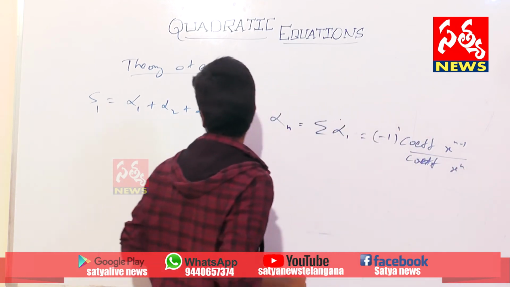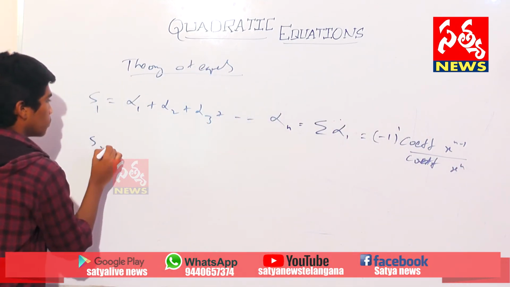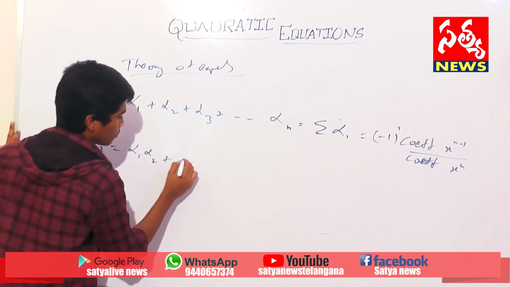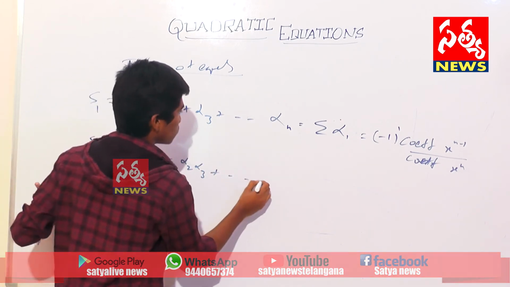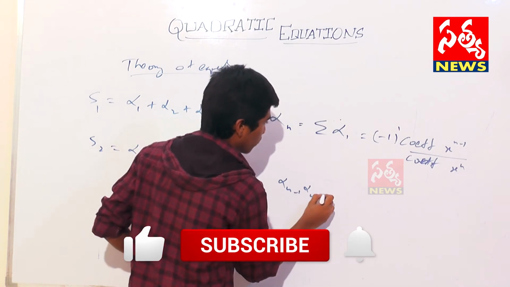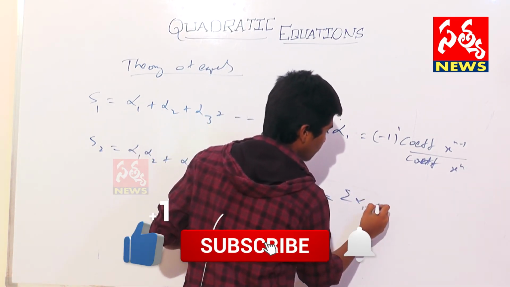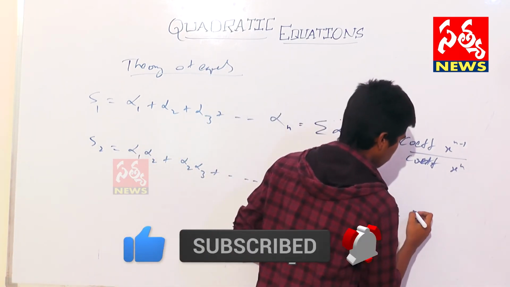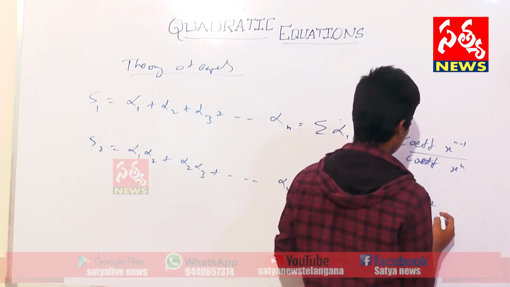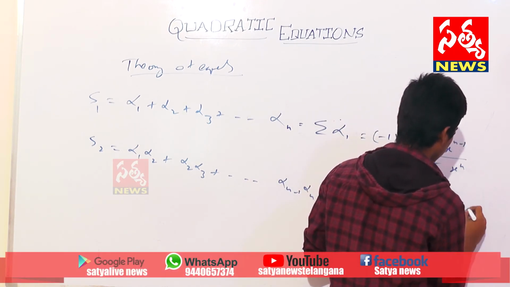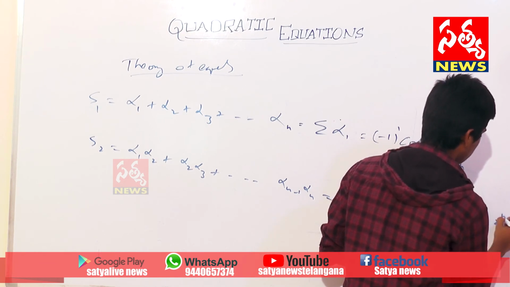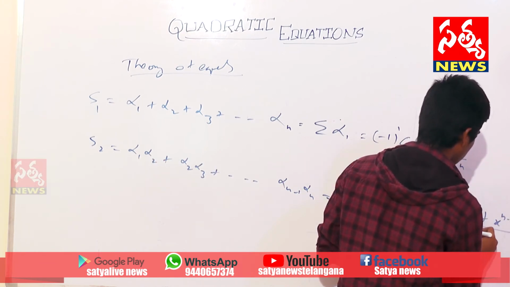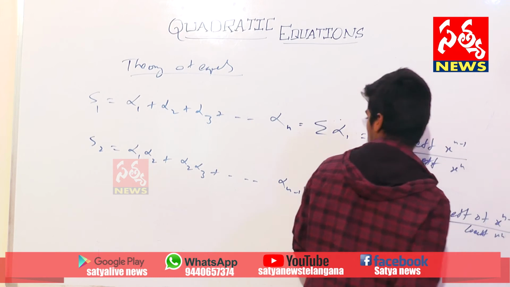And the next is S2, which is equal to alpha 1 alpha 2 plus alpha 2 alpha 3 plus so on, alpha n minus 1 into alpha n, which is equal to sigma alpha 1 into alpha 2, which is equal to minus 1 whole square into coefficient of x power n minus 2 by coefficient of x power n.